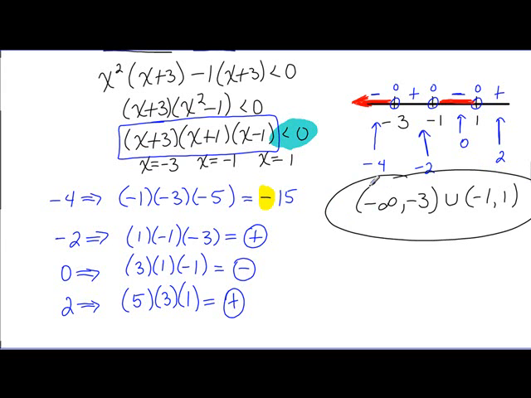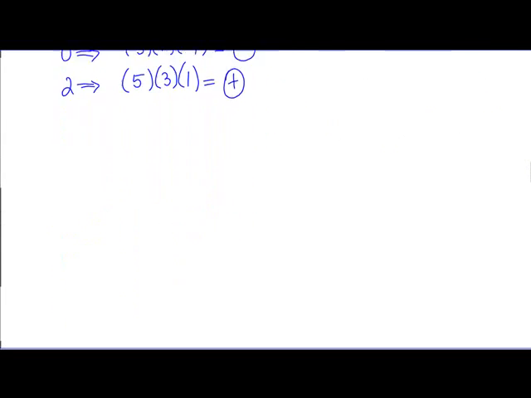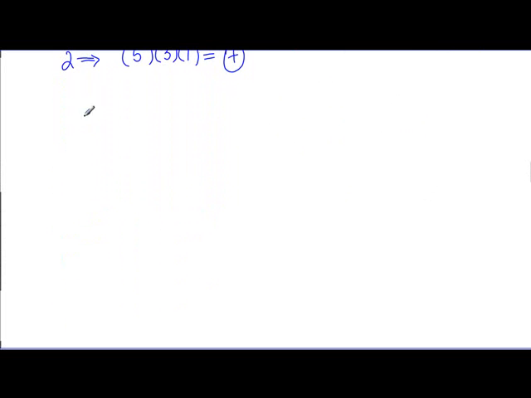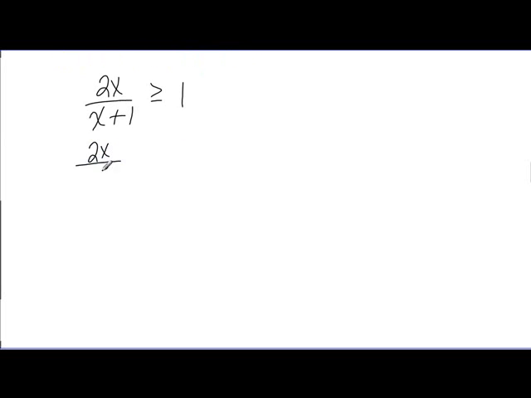Same basic process if I've got a rational inequality to solve. So let's look at 2x over x plus 1 greater than or equal to 1. Now, we've got to start the same way. We need to subtract 1 from both sides. And then you've got to rewrite the 1 so it has the same denominator as the fraction.